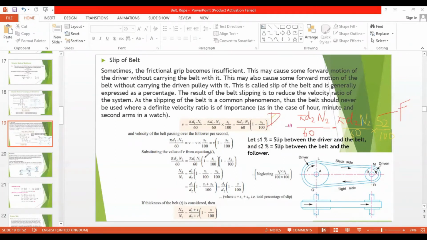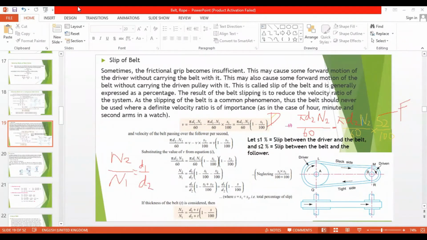That gives n2/n1, which is our usual equation, the ideal equation, equal to d1/d2. This is the actual equation.